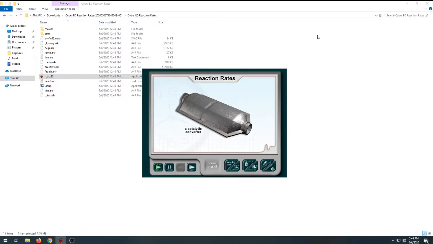When the exhaust of the car is run through a catalytic converter, however, the reaction rate is much faster, and most of the carbon monoxide quickly reacts with oxygen and is converted into carbon dioxide. The reasons carbon monoxide and oxygen react so slowly with each other, the role of the catalytic converter in speeding up the reaction, and other topics relating to reaction rates are covered in this program.